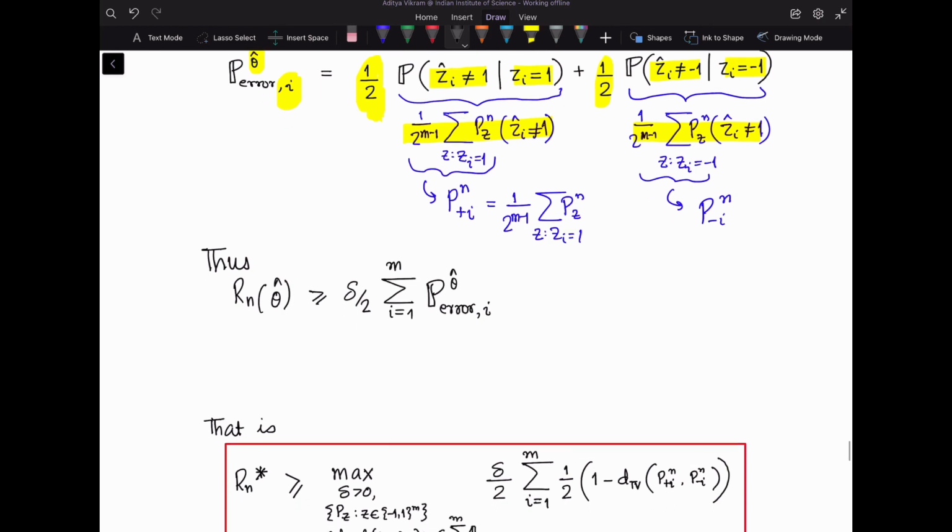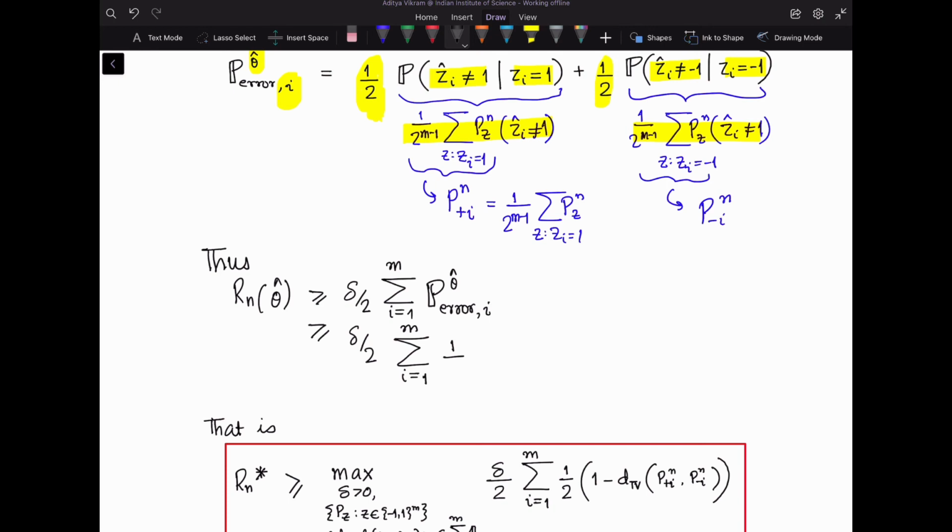It is still theta hat dependent, so to remove the dependence on theta hat we use the fundamental limit. For the binary hypothesis testing problem we have this fundamental limit in terms of total variation distance, and we use it for each i, so we sum over all the i's.